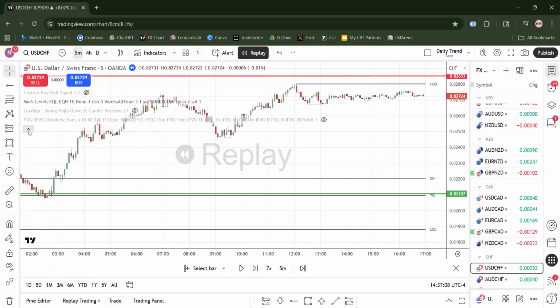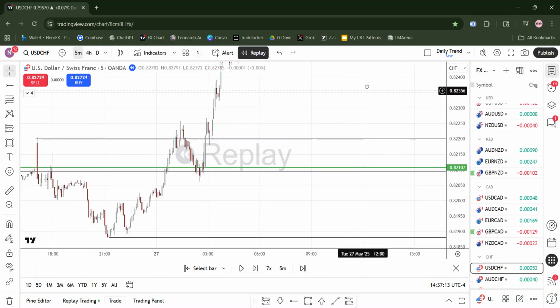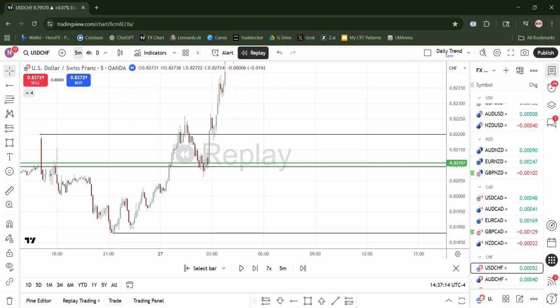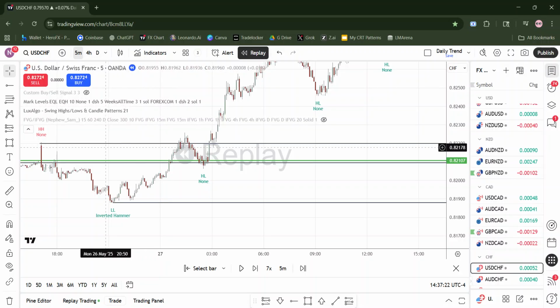We don't need the indicator on the lower time frame. We're looking for the low of the day on Tuesday. Let's do another one with the swing levels. So on Tuesday, we're looking at the best. No, that's Monday.